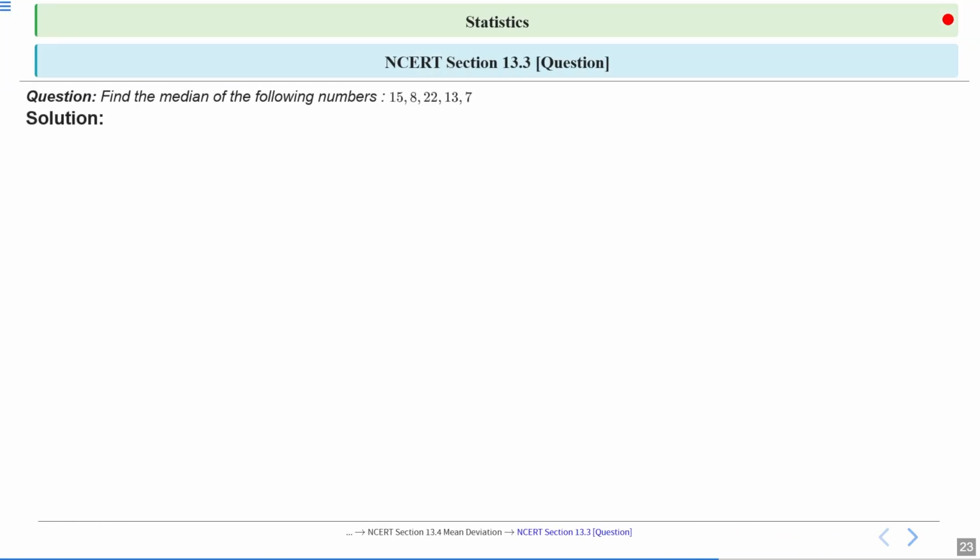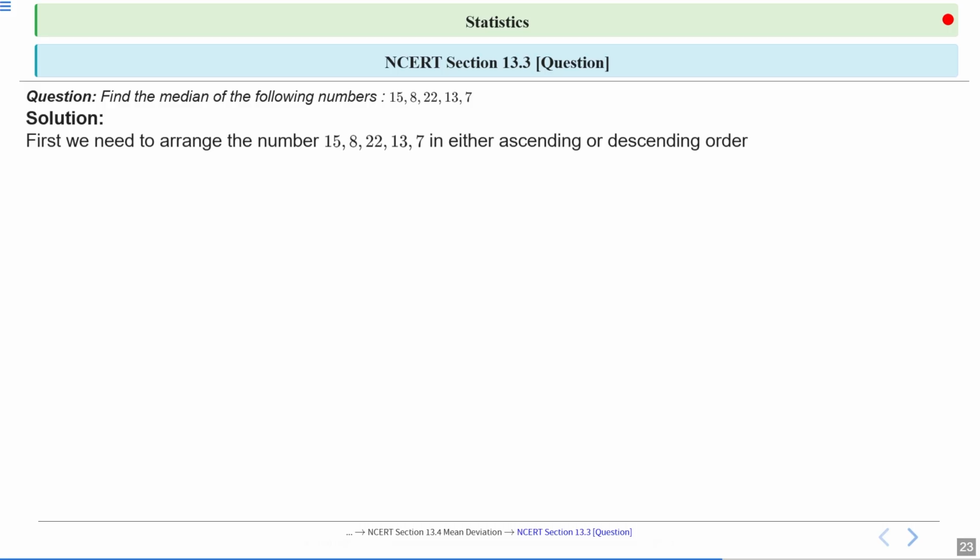First, we need to arrange the numbers in either ascending or descending order. Now, we will sort the numbers in ascending order. So the numbers will be 7, 8, 13, 15, 22.